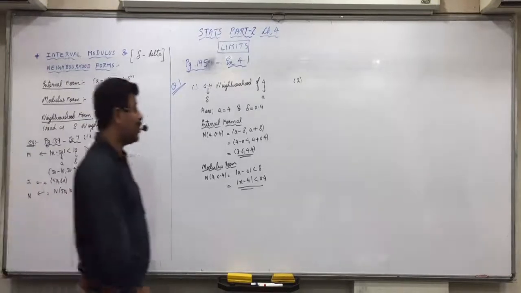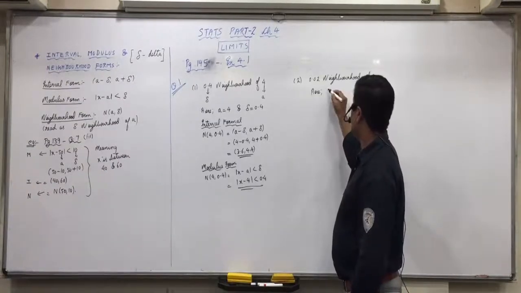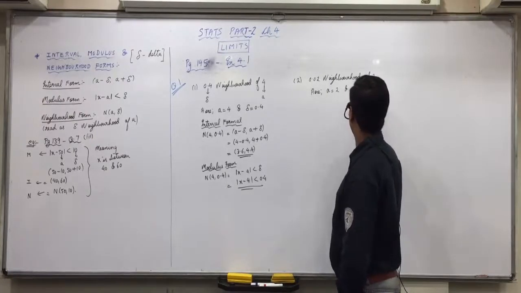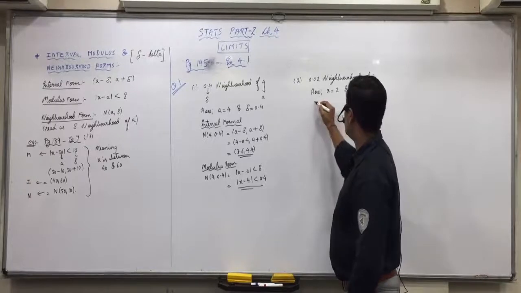Neighborhood of 2. First of all, what is a? a is 2. Delta is 0.02.